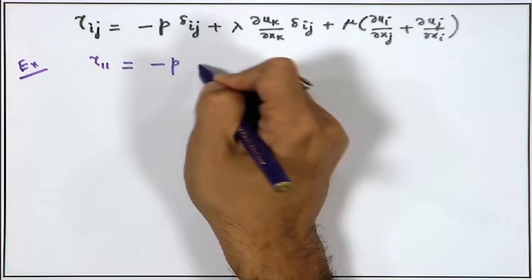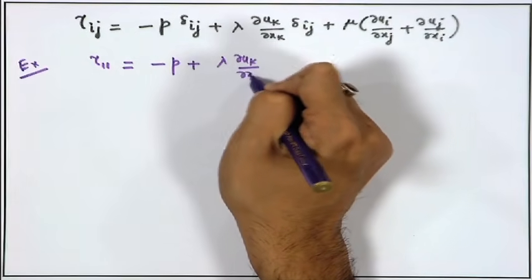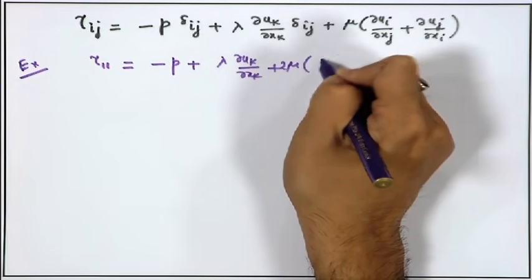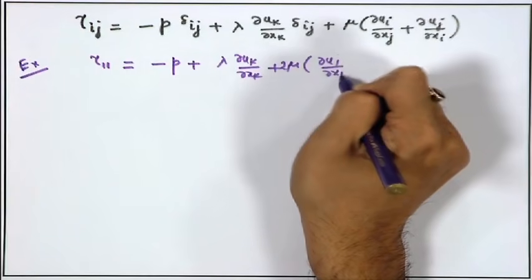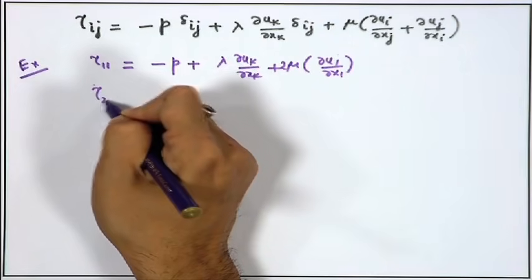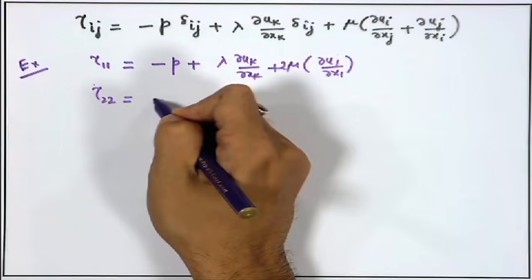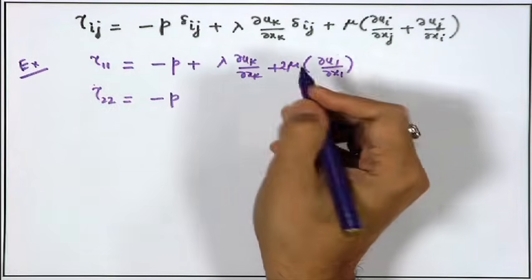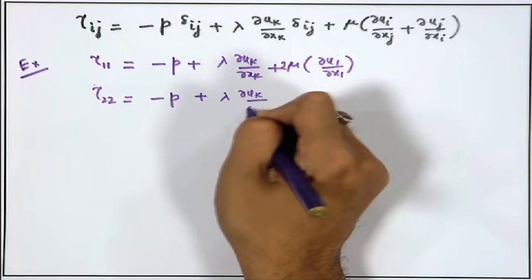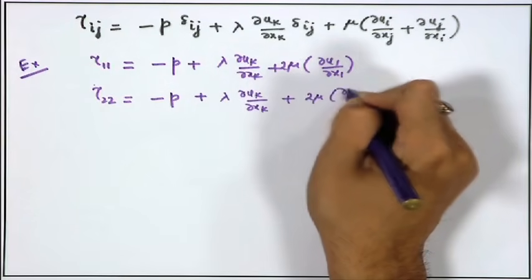So tau 11 is minus p plus lambda del u k del x k plus 2 mu del u 1 del x 1. Then tau 22 is minus p plus lambda del u k del x k plus 2 mu del u 2 del x 2.